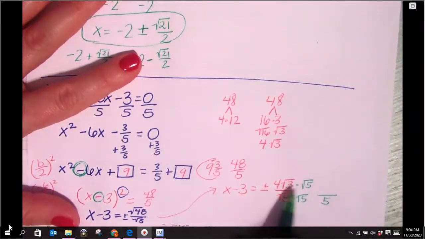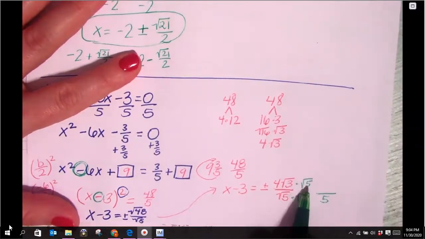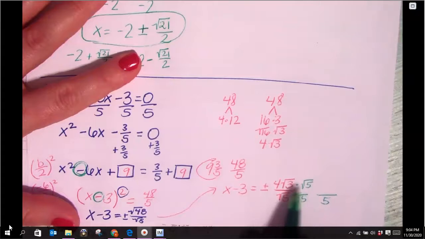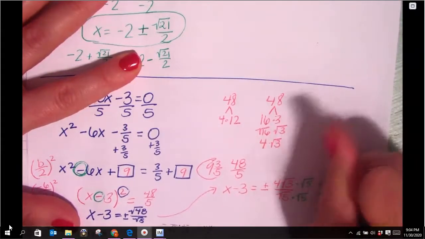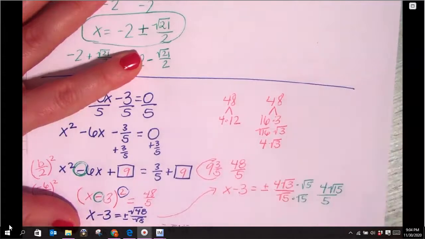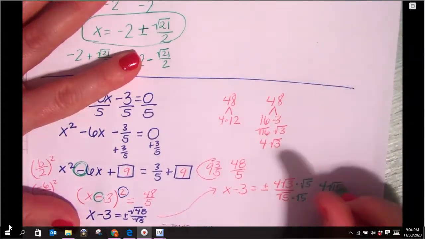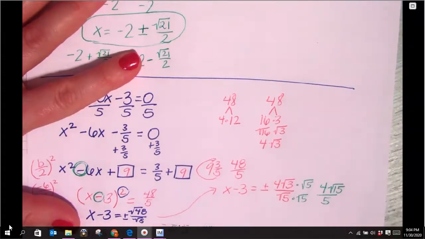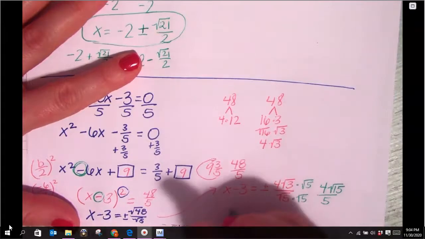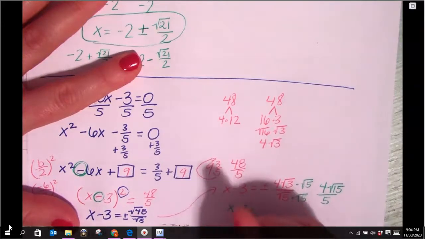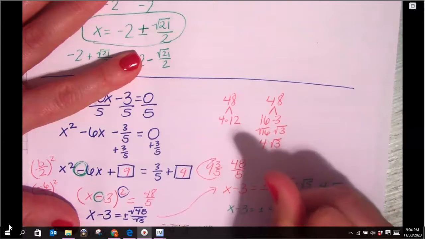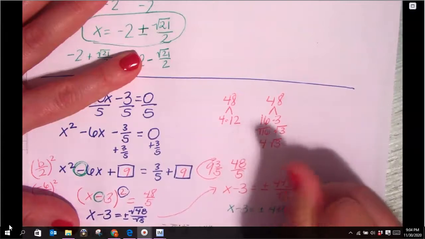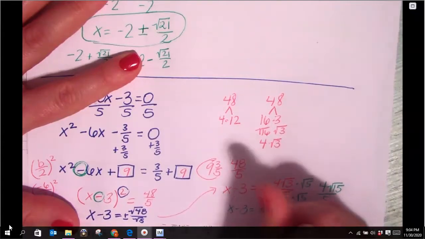On the top, 3 is in the radical and 5 is inside the radical, so we multiply 3 times 5. That's going to be 4 square roots of 15. Which worked out great because 15 can't be simplified, so I can just leave it just like that. So now I have x minus 3 equals plus or minus 4 square roots of 15 all over 5.